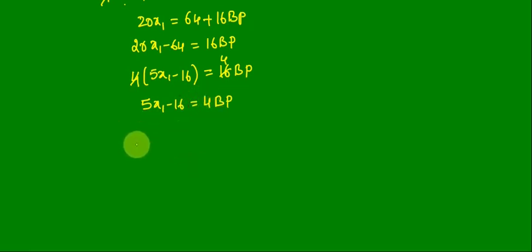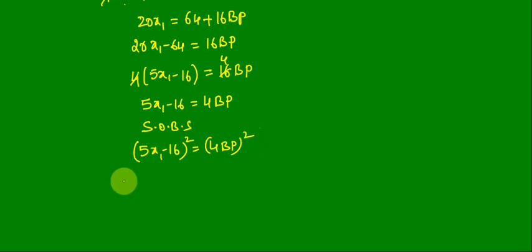Now again we need to follow the same step to get the BP square. So I'll do squaring on both sides again. This will become (5x1 minus 16) whole square, and on the right hand side (4BP) whole square. Now if I expand this, it is again in the form of (a minus b) whole square.